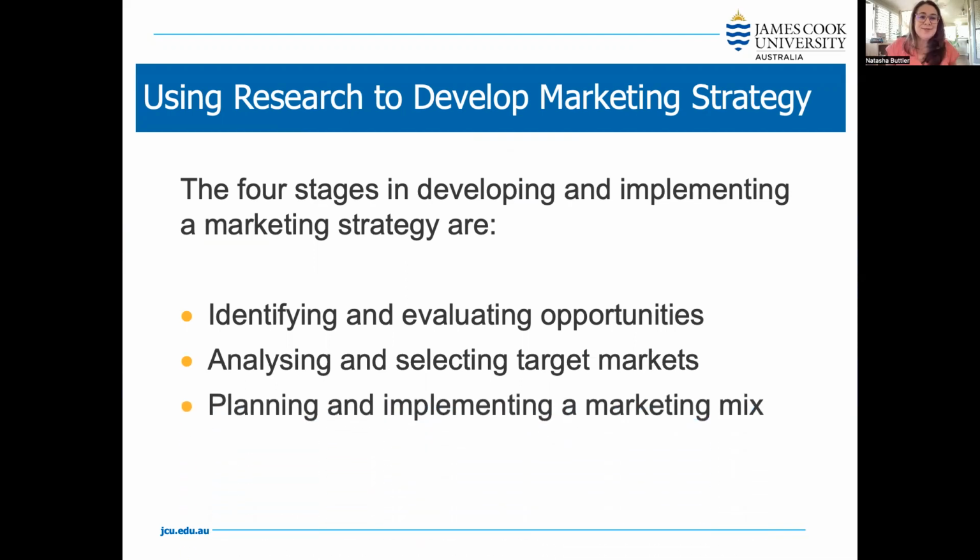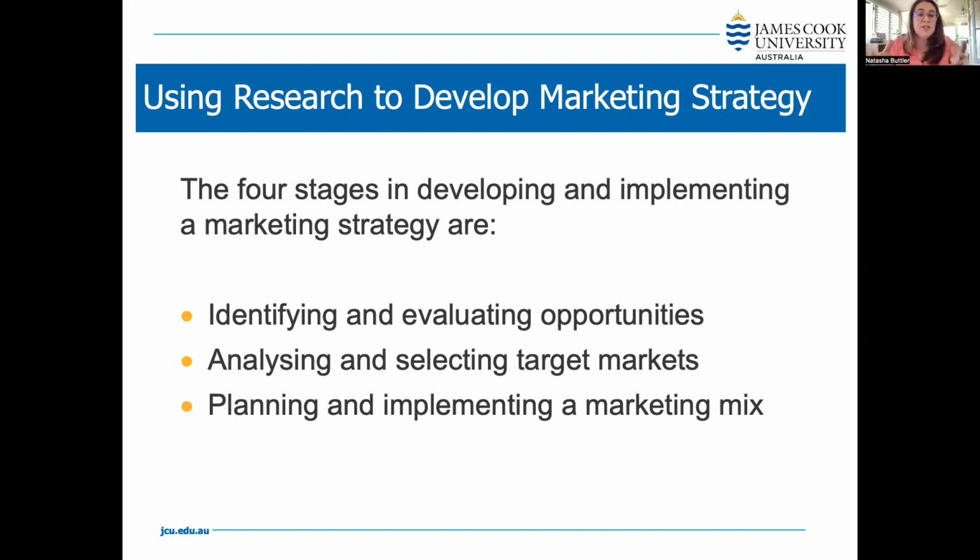So we can also use research to develop our marketing strategy through planning and implementing the marketing mix. And so we use this information to evaluate alternate courses of action because it can aid us in choosing a mix that will satisfy our customers' needs and meet the objectives of the company. So research should be conducted regarding each element of our marketing mix.